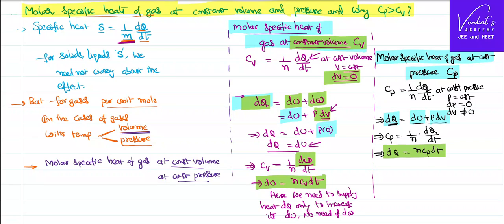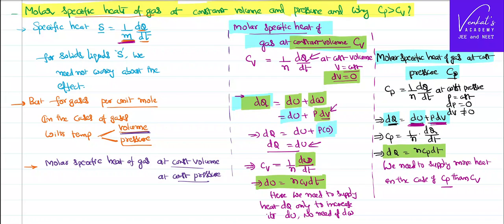So it's very clear by this time that we need to supply more heat to raise the temperature of unit mole of gas by 1 degree centigrade in the case of Cp than Cv, because in the case of Cp, we supply heat not only to increase internal energy but also to do some external work.